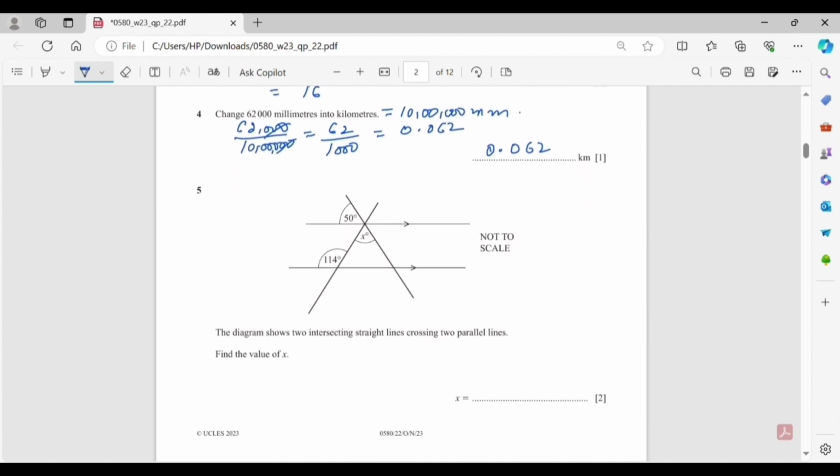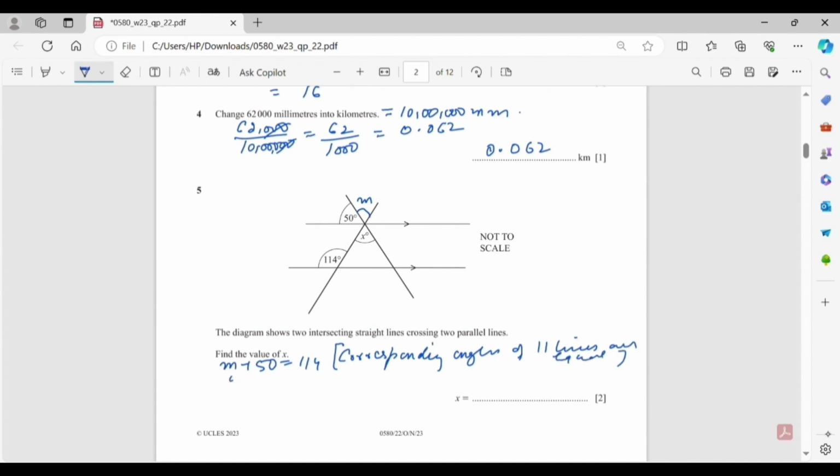Next question number 5. The diagram shows two intersecting straight lines crossing two parallel lines. Find the value of x. So let this be m. Now m plus 50 will be equal to 114 by corresponding angle. Corresponding angles of parallel lines are equal.